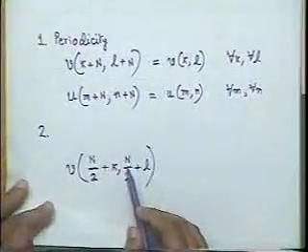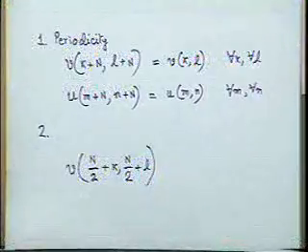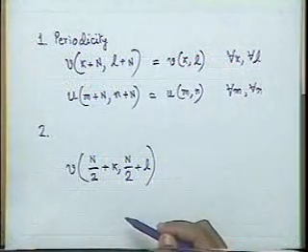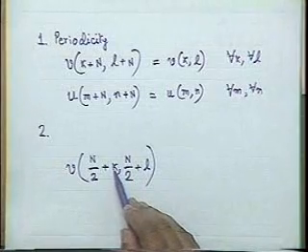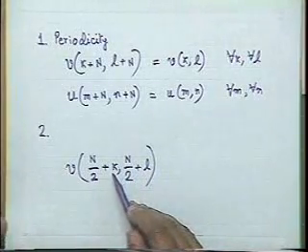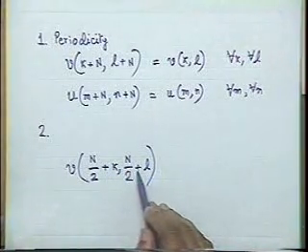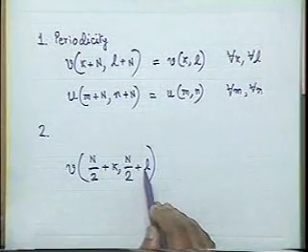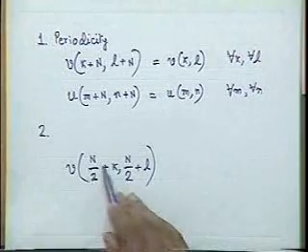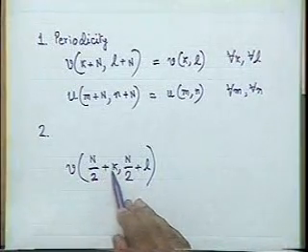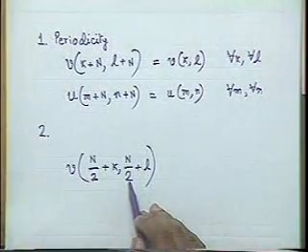V of N by 2 comma N by 2 would have been the pixel at the middle, and I am just moving by a distance of k in the k direction and by a distance of l in the other direction. So I am considering the transform sample N by 2 plus k and N by 2 plus l.